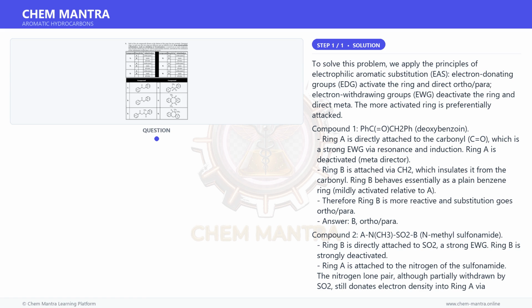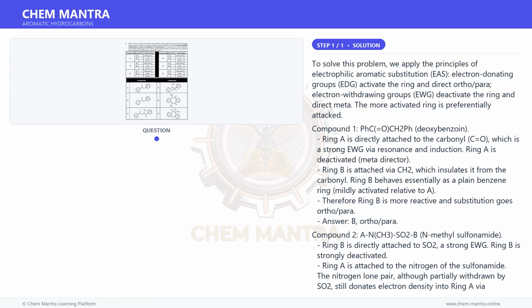The amide nitrogen donates into the carbonyl, but the carbonyl still withdraws from ring B. However, relative to ring A, a plain aryl ketone with strong deactivation, ring B attached to an amide C=O is also deactivated. The amide carbonyl is an EWG toward ring B, a meta-director, but we must compare both rings.